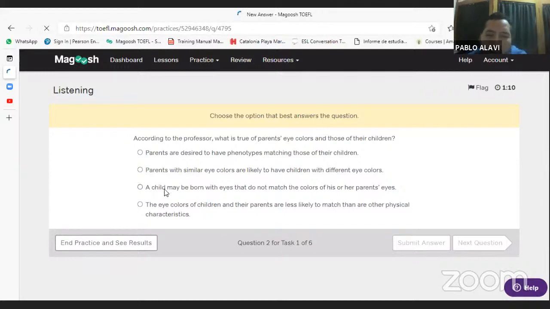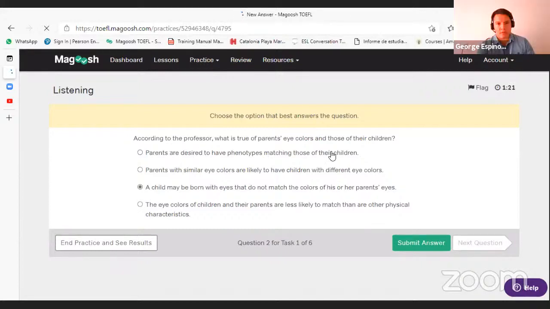Okay, so they did mention that too, right? So desire is something someone wants, right? So they want to match those for the children to have the same eye color. This one's saying. So all right, I'll wait for one more answer. You guys, A or C?